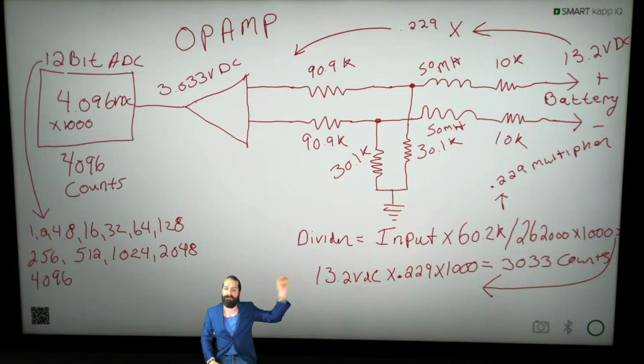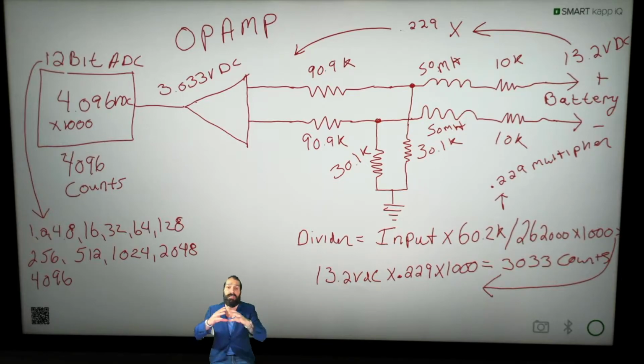So the divider circuitry, what this is going to do is you'll have an input there, which is two 30.1K resistors. We're going to add those up. That'll be 60.2K ohms. We're going to divide that by the total resistance in this entire circuit. And you can see above that there's actually two 10K resistors and also two 90.9K resistors.